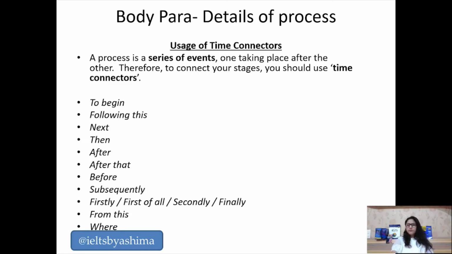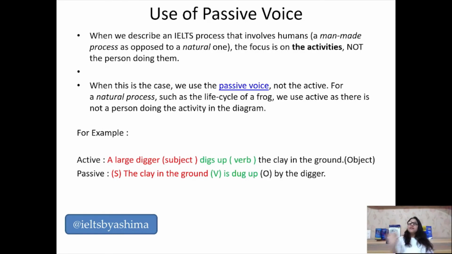Fine. Okay, now let's see the next line, which is use of passive voice. Very very important. जब भी आप अपना प्रोसेस लिख रहे हो, जस्ट मेक इट वेरी श्योर आपको अपना प्रोसेस जो है, मैन मेड जो प्रोसेस है, यानी कि ये आज हमारा मैन मेड प्रोसेस है, वो आपको सारा पैसिव वॉइस में लिखना है. बिकॉज यहाँ पर हम अपनी एक्टिविटीज पे फोकस कर रहे हैं, नॉट द पर्सन डूइंग इट. फॉर एग्जाम्पल जैसे कि हमारा है, अ लार्ज डिगर डिग्स अप द क्ले इन द ग्राउंड.